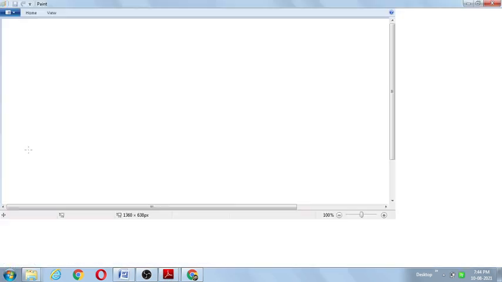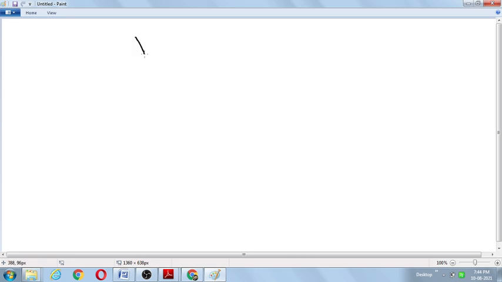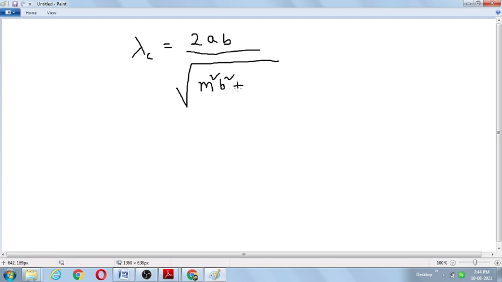Here cutoff wavelength is equal to lambda c. This is the formula for lambda c in rectangular waveguide. Lambda c is equal to 2ab by square root of m square b square plus n square a square.